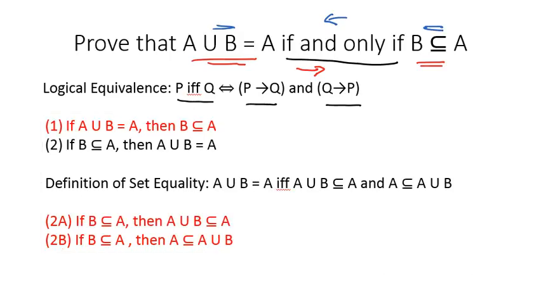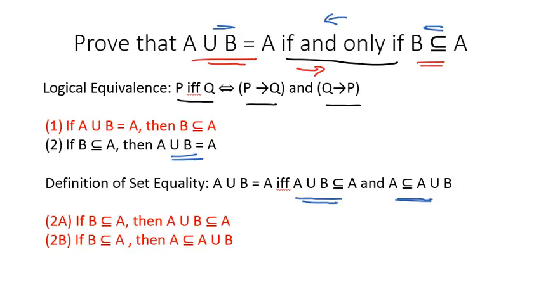Set equality says that two sets are equal if and only if, so A union B equals A, which is what we'd have to prove in part 2, if and only if two things are true: A union B is a subset of A, and A is a subset of A union B. So the second part of part 2 is another two-part proof, and that's why I've labeled them down here.